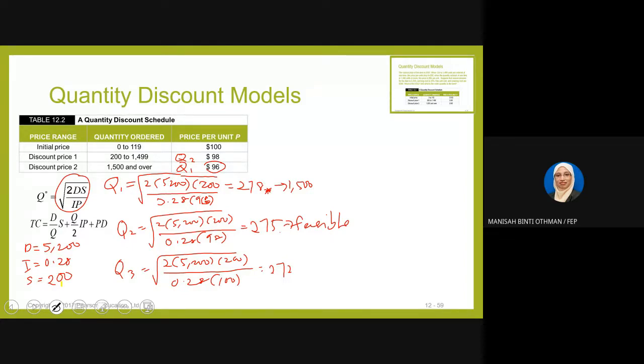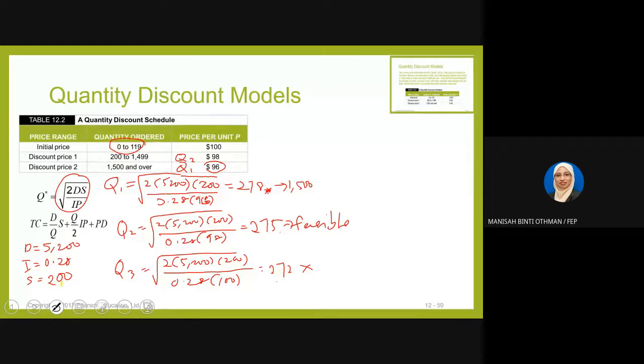So the last one is 272 at the $100. 272 is more than the range. More than range means you cannot lower the quantity, but you can increase it. So in this case, you have to ignore the $100 price totally.